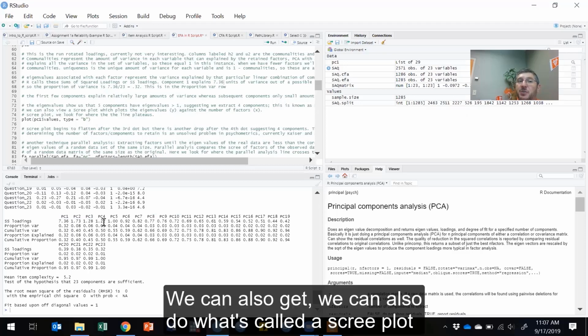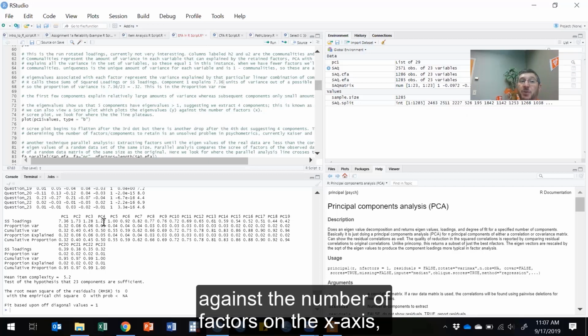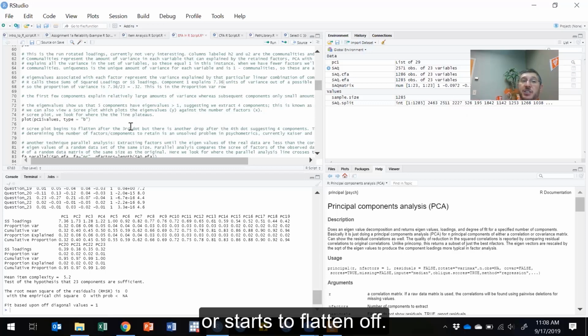We can also view what's called a scree plot, where we plot the eigenvalues on the y-axis against the number of factors on the x-axis. And then on the scree plot, we look for where the line sort of plateaus or starts to flatten off.